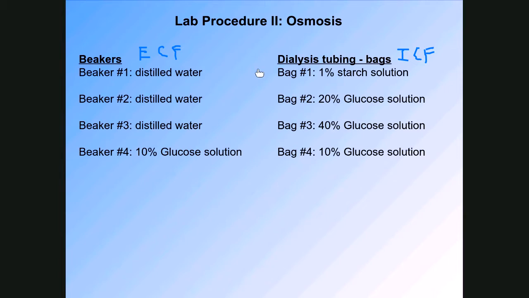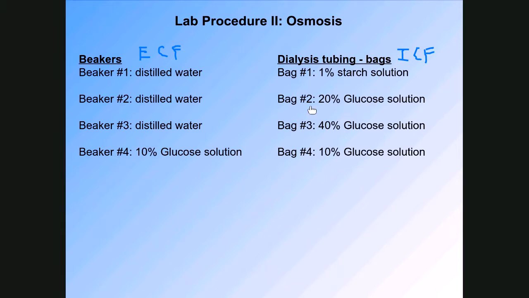If there's not a significant difference between the solute concentration in the ECF and the solute concentration in the ICF, water will move across the membrane of the dialysis bag, but since the solute concentration of starch in the bag is only 1% and it's not a high percentage, you may or may not get net movement of water from the ECF across the dialysis bag membrane into the ICF. You may get a little bit or none at all. So that's a catch, as opposed to these two down here.